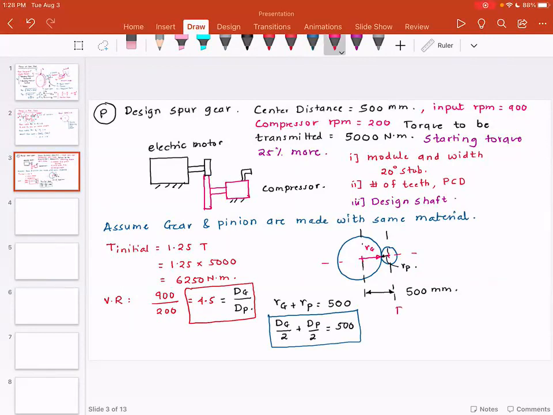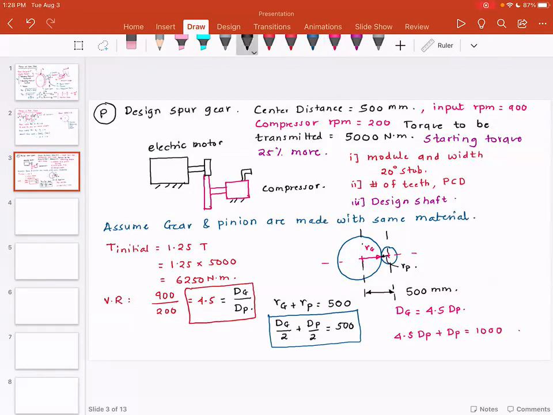So I would say diameter of the gear is equal to 4.5 times diameter of the pinion. Substituting this in the second equation, 4.5 diameter of the pinion plus diameter of the pinion is equal to 1000.